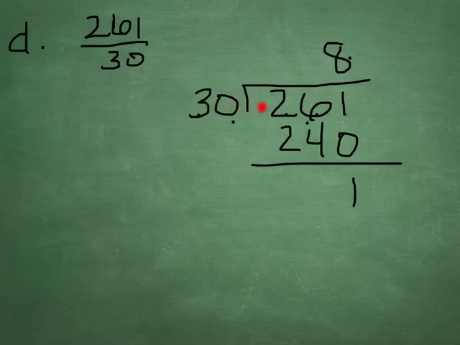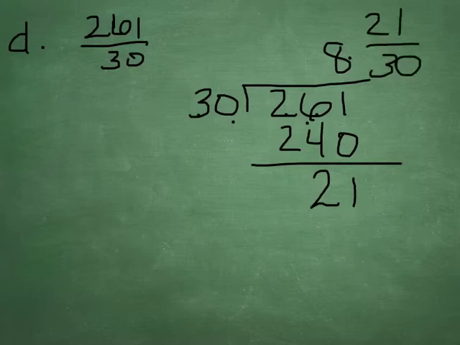I divided, then I multiplied, then I subtracted, then I brought down. Well, I'm not finished subtracting yet, but you get the picture. And there's nothing to bring down in this one. So I've got 8 and 21 over 30.